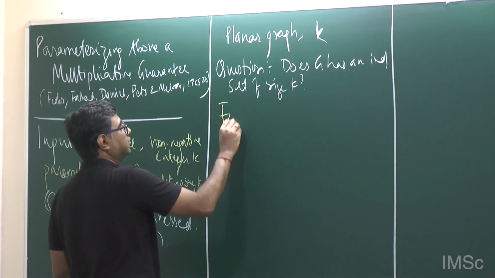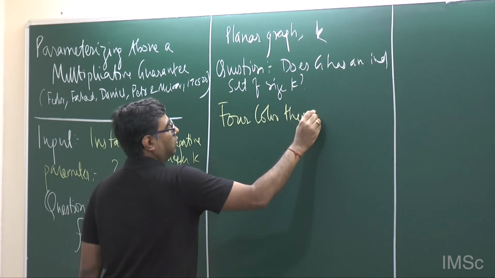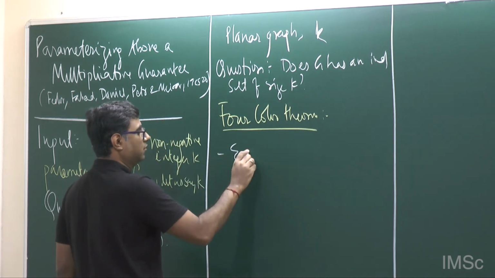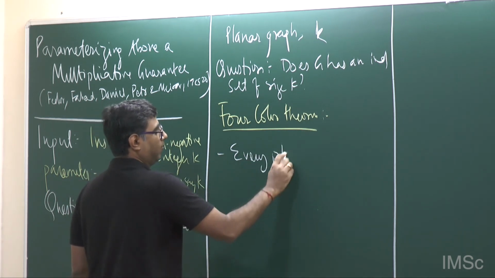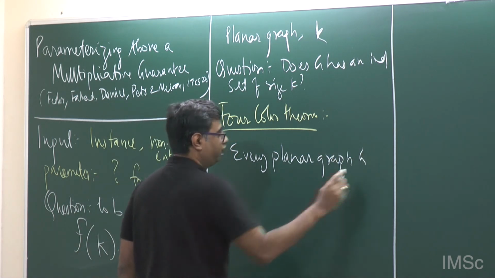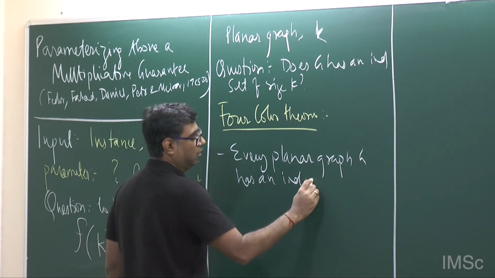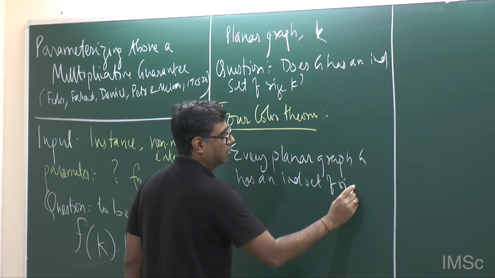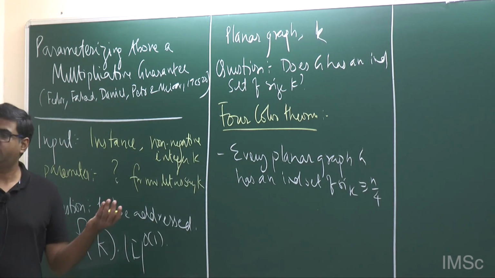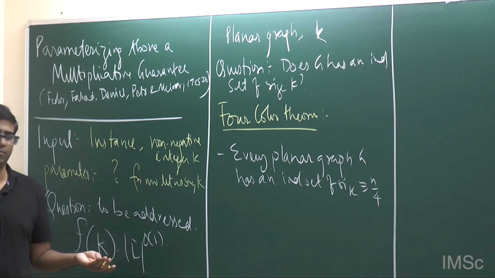The four-color theorem tells us that every planar graph G has an independent set of size at least n over 4, right? Because at least one of the color classes will have size at least 1 over 4 of the total size.